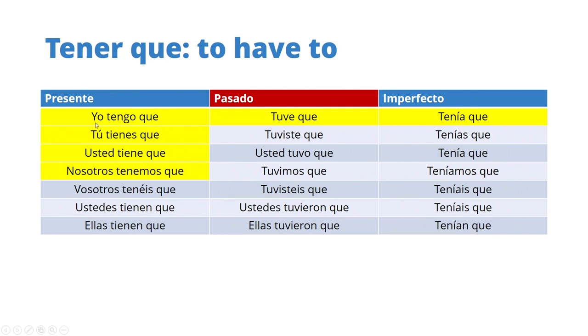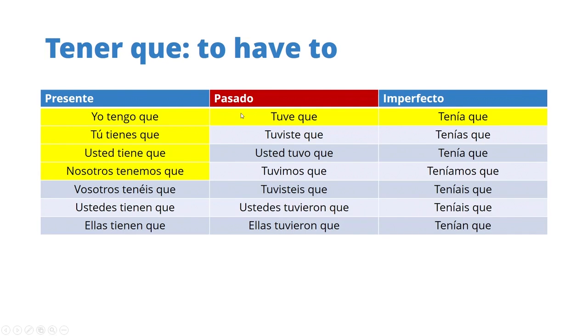So present tense, yo tengo que, I have to. This is going to be the number one. Yo and nosotros. These two are called first person because they include you, and you are the most important. So learn these first. Yo and then nosotros. Secondly, I would learn either tú or usted because these are what you're going to use for your friends, tú, or the teacher, usted.